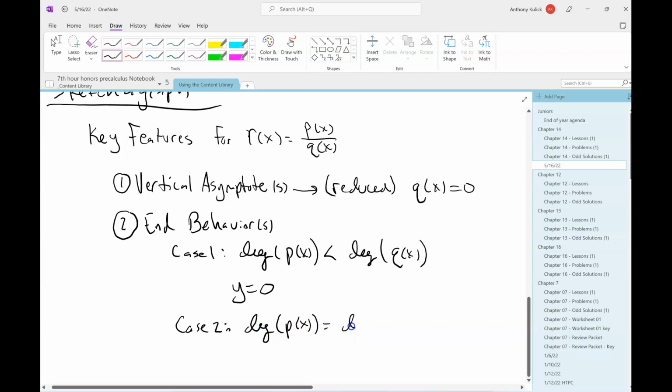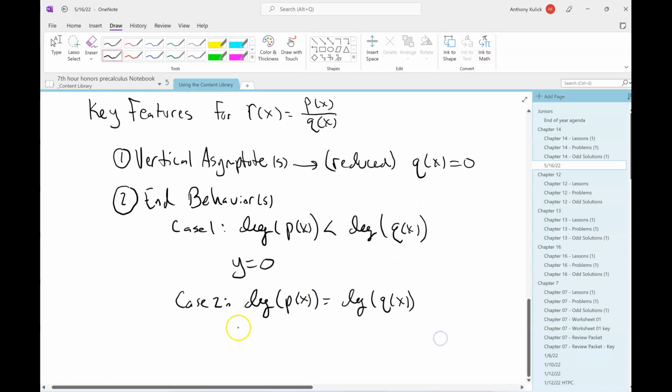Case 2 is where the degrees are equal. In that case, we get a horizontal asymptote or end behavior at the leading coefficient of the numerator divided by the leading coefficient of the denominator.